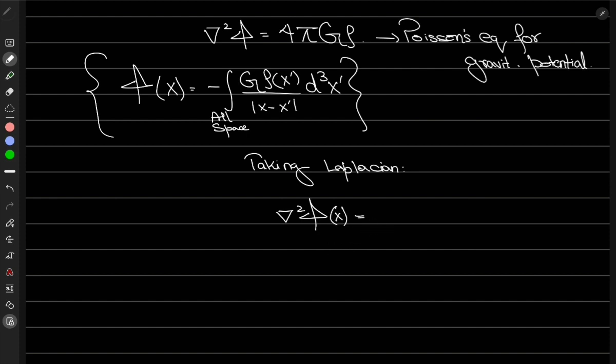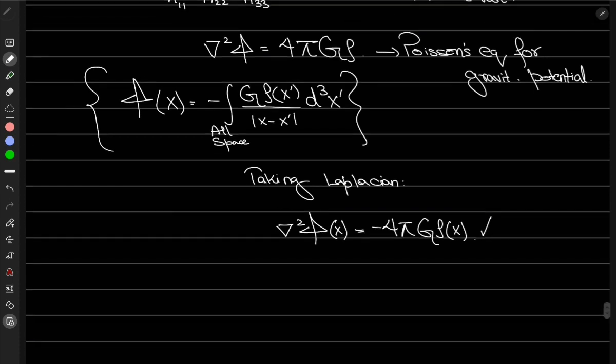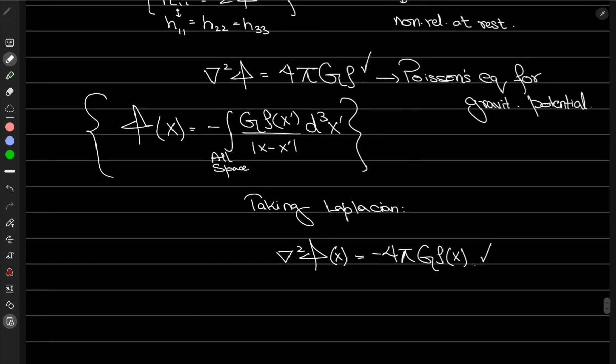On the right hand side, if we take the Laplacian, we get minus 4 pi, and we're left with G and rho of x. Now you see that this thing is exactly the same as the Poisson equation for gravitational potential.